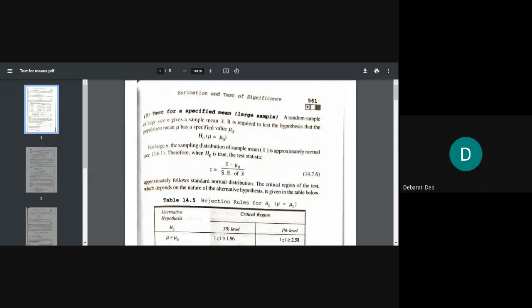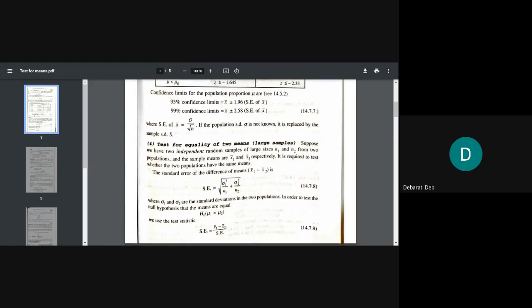This is the test for a specified mean, a single mean. And the fourth type, write down: test for equality of two means.